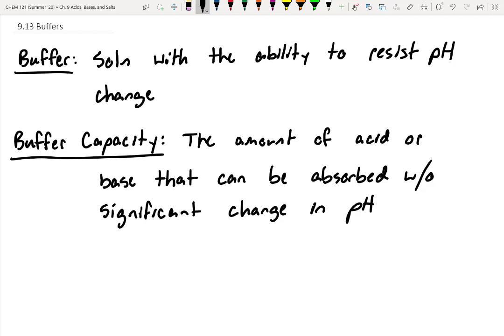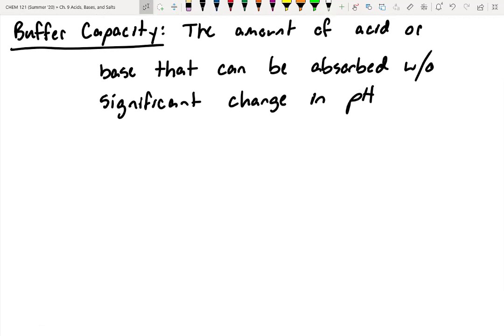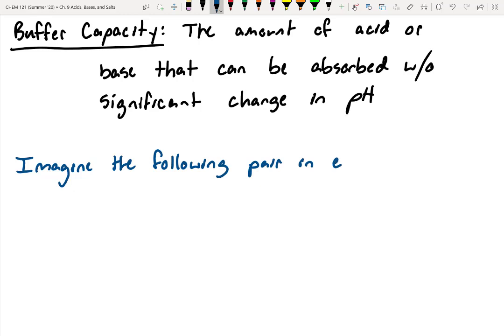All right, so the question is, well, how in the heck do these work? So let's imagine the following pair in equilibrium. Okay, so let's imagine that we have HC2H3O2. This is acetic acid, and in fact, if you go to that table in your book, it's listed as a weak acid.